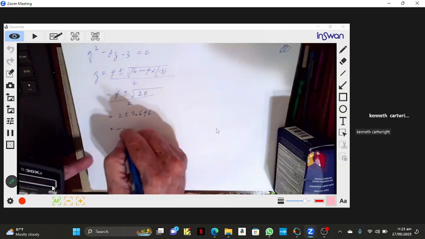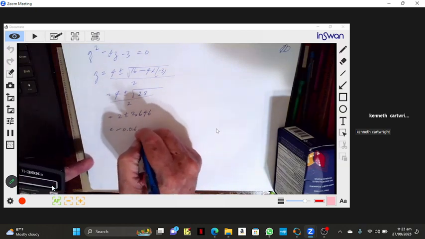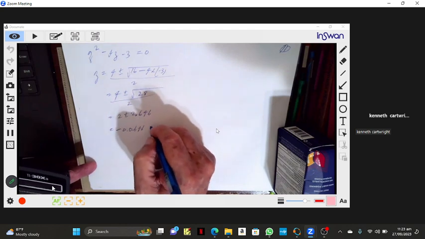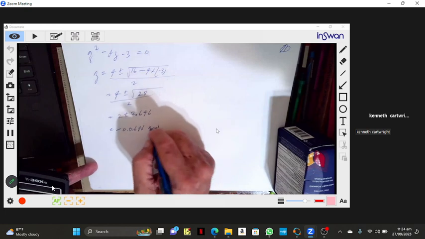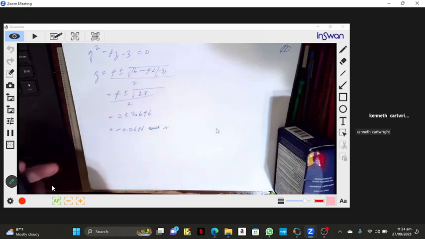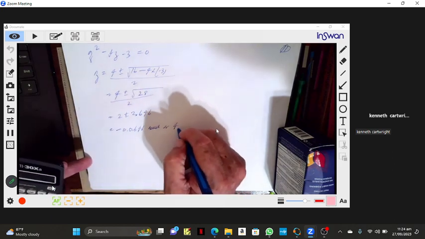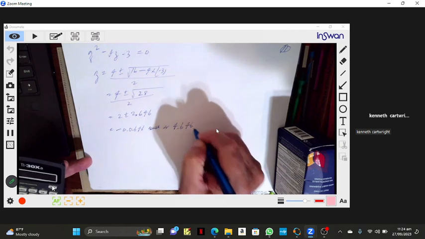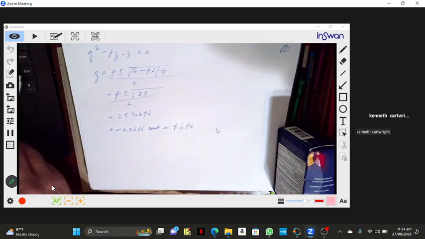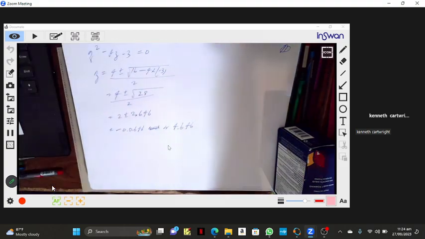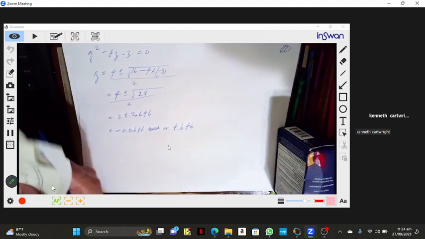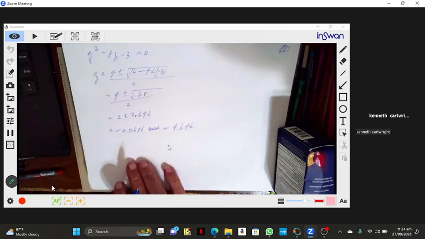The one pole is negative. No, the other pole. Okay.